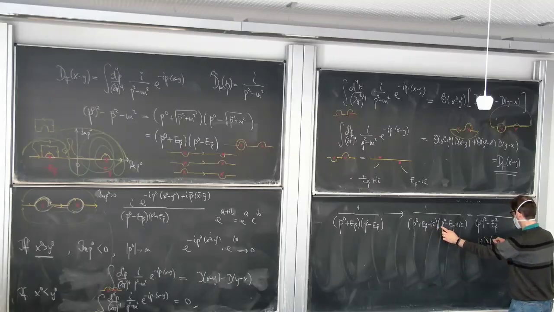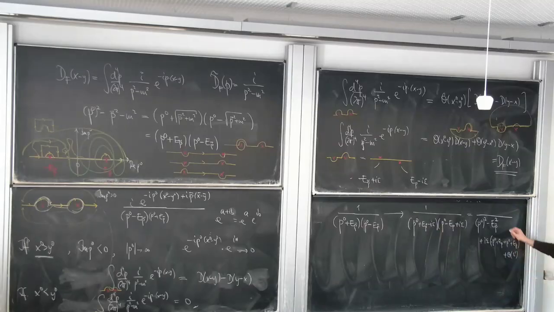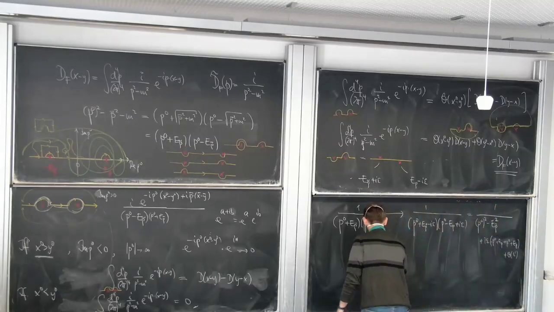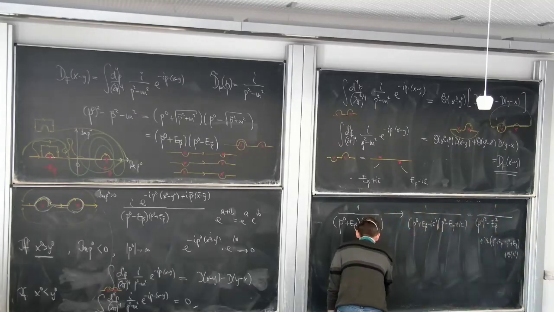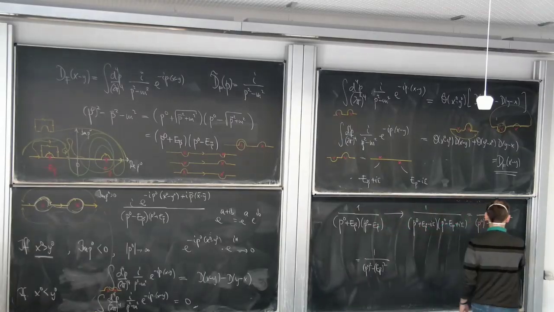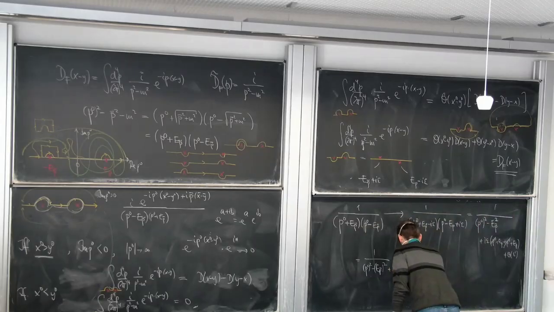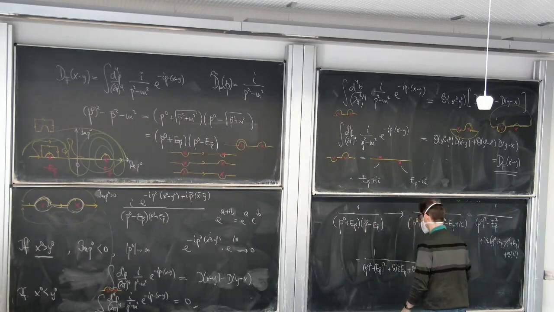Minus P0 plus EP, plus P0 plus EP, and then order epsilon squared. So it is P0 squared minus EP squared. And the P0 goes away. And so we have 2 i epsilon EP plus order epsilon squared.